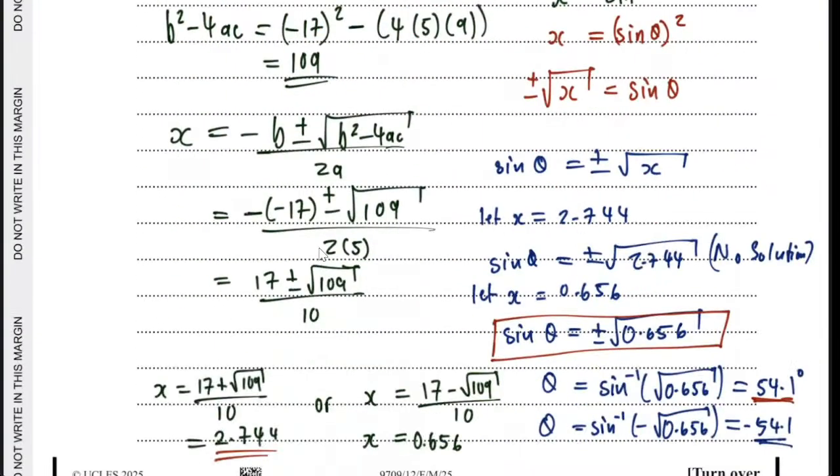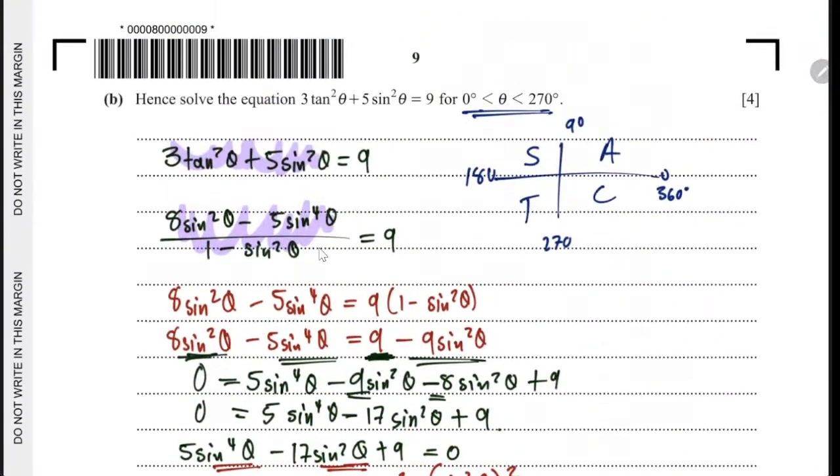The solution which we are going to use, 54.1, this is when sine theta was a positive one, right? Was positive root 0.656, which means sine theta was a positive one. So we'll take here where it's positive. It's only in these two. 54.1.